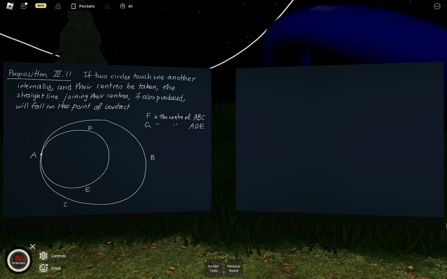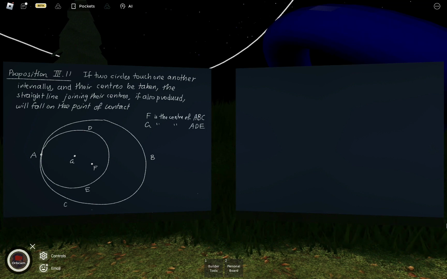Okay, so of course, like with many of these diagrams, we need to draw them in a way that doesn't actually make sense on purpose. But let's do something semi-reasonable. So F is going to be the center of ABC, and that's G, the center of ADE.